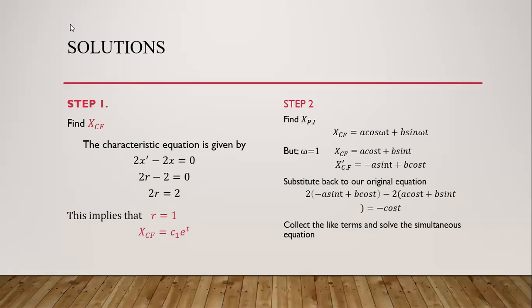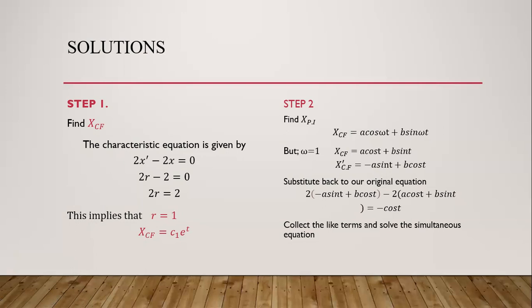And what do you get when you differentiate b sin t? We have b cos t. Yes, that is good. So when we differentiate, we have our x prime as negative a sin t plus b cos t.